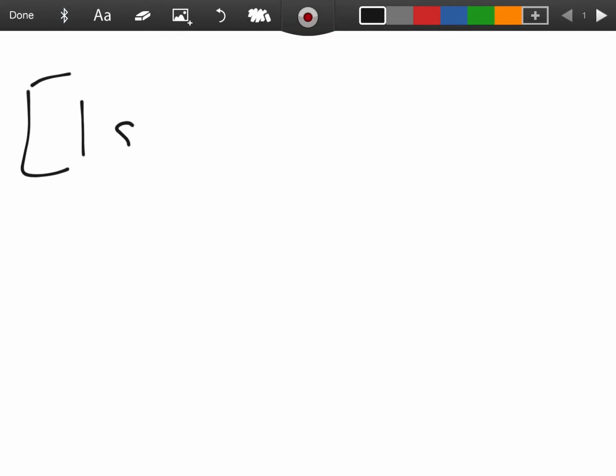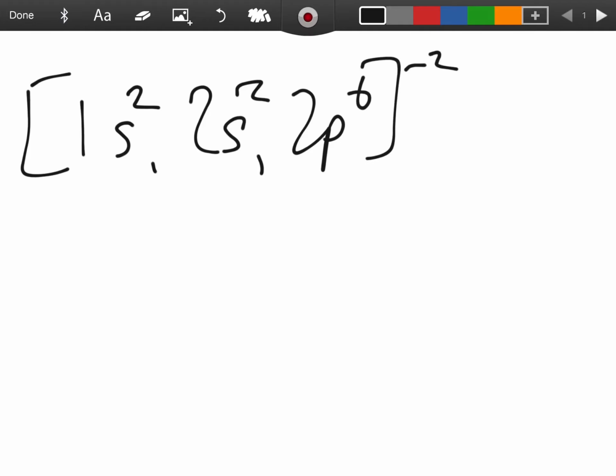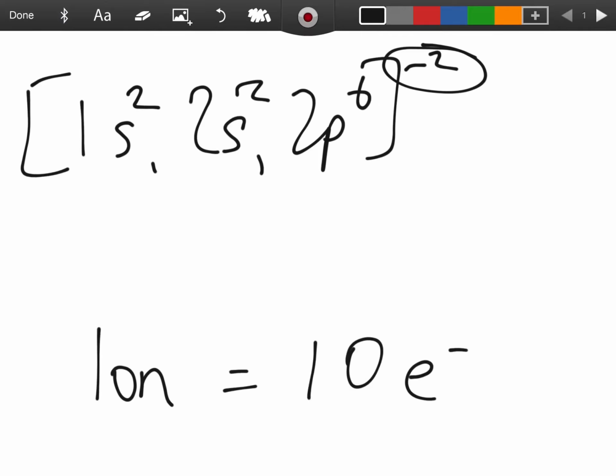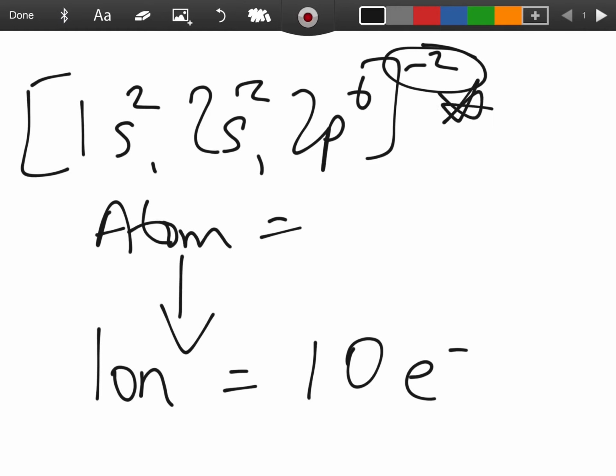Now, what about if they asked you to identify something like this, okay? Again, you know that it's an ion because it's charged. Count up and see how many electrons the ion has. 2 and 2 is 4 and 6 is 10. So the ion has 10 electrons. Then say to yourself, what happened to this atom to make this ion? It's negatively charged this time.